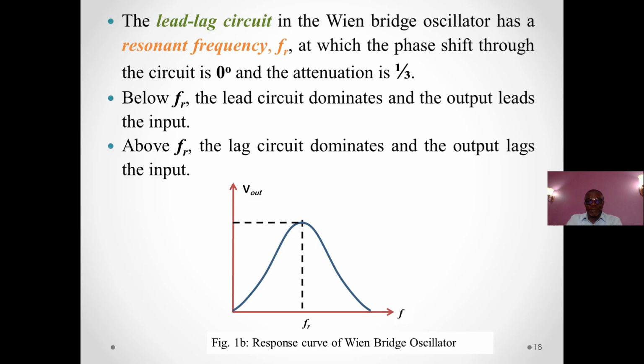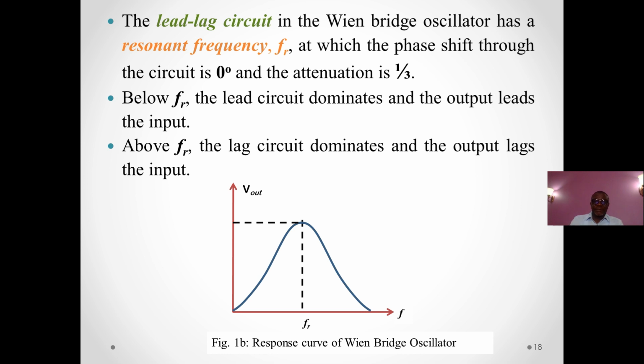At that point, the net phase shift will be equal to 0. So the voltage output, which is the signal, will have risen to the mark point where we are having Fr.